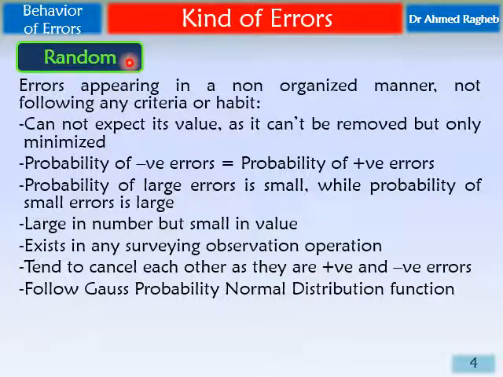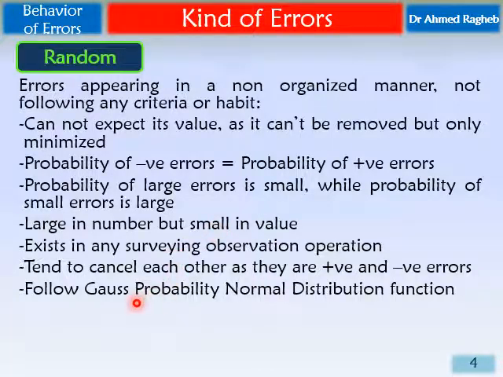And because it's a random error, the probability of having negative errors is the same as the probability of having positive errors. And because it's something unmeant and unintentional, the probability of large errors is small, while the probability of small errors is large. They will exist in any surveying operation, and they will be large in number, but the value of them is small.